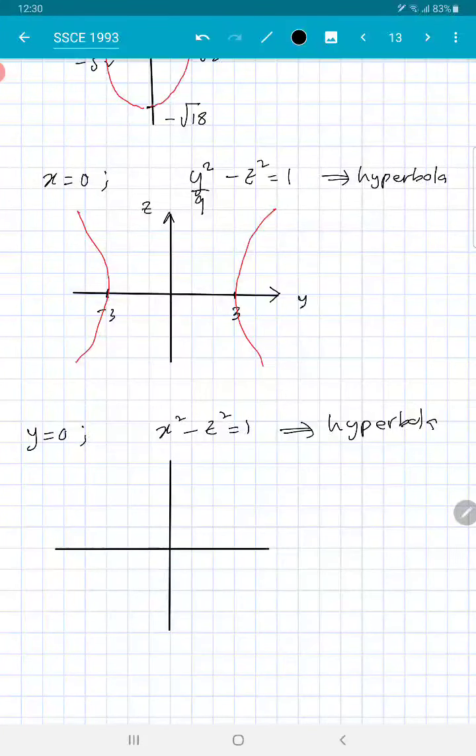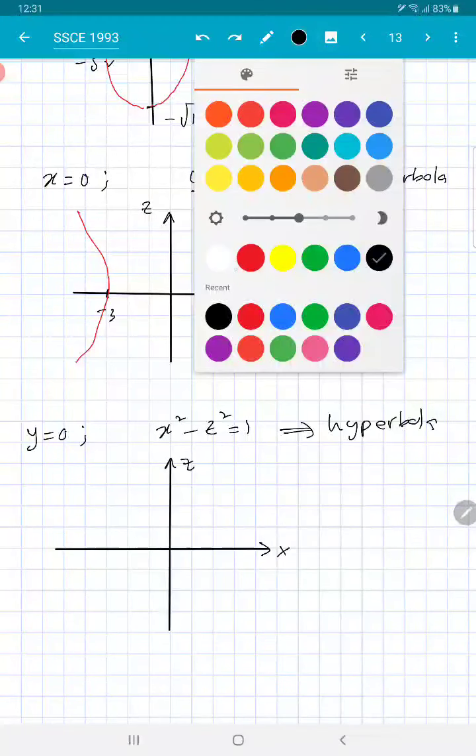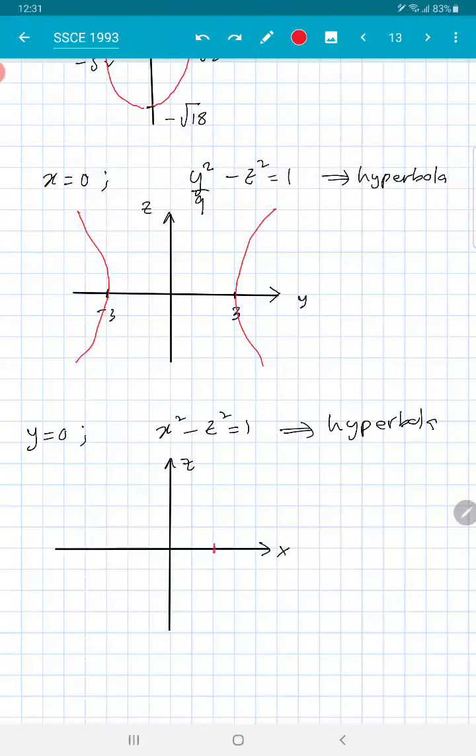Okay, so here we have the xz plane. And since x is the one with the positive coefficient, your hyperbola opens along the x-axis. So let's say this is 1, and here we have negative 1.